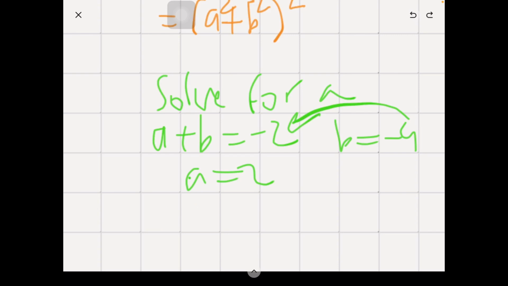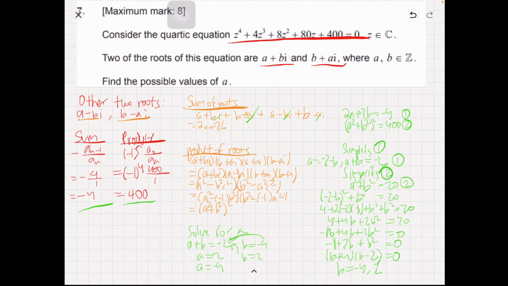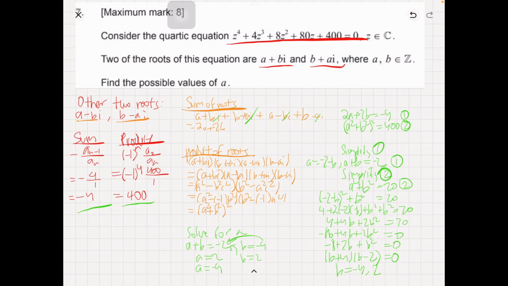And if we do b is equal to 2 into here, then we'll get a is equal to negative 4. So basically, they have the same values because of the nature of the substitution.